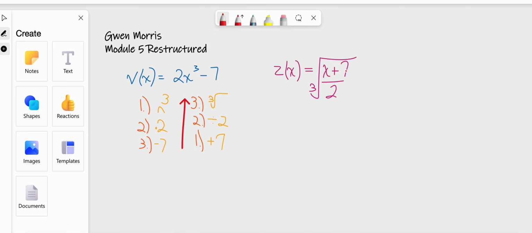Now I found my inverse, but I need to test it out. So I'm going to do v of z of x. I know there are a few different ways to write this. I did address this problem in the original video that I made, but I'm going a little more in depth here. I'm going to compose this second function within the first function, and for my x, I'm substituting.